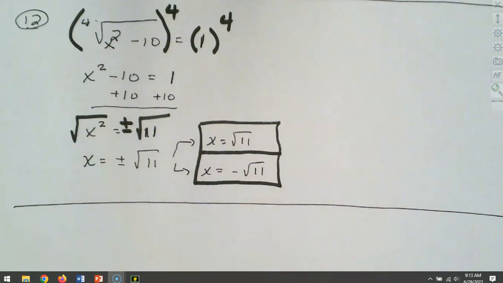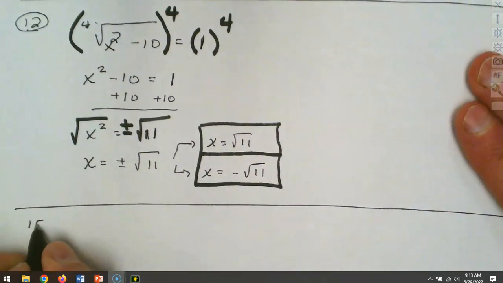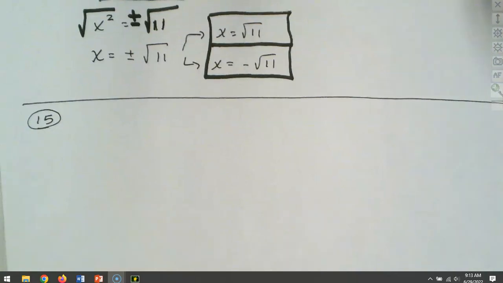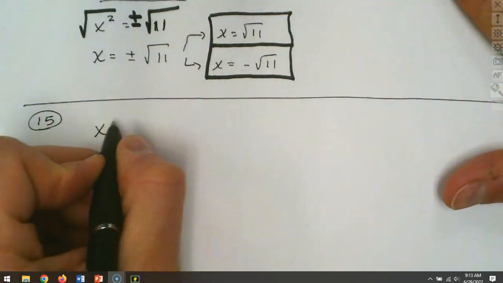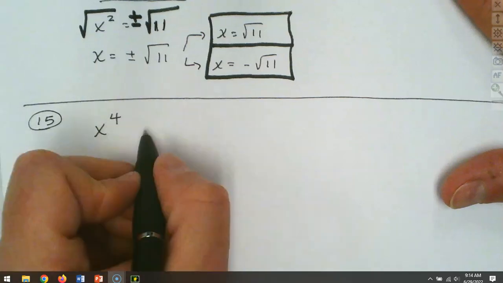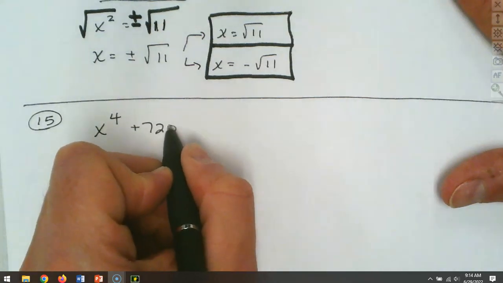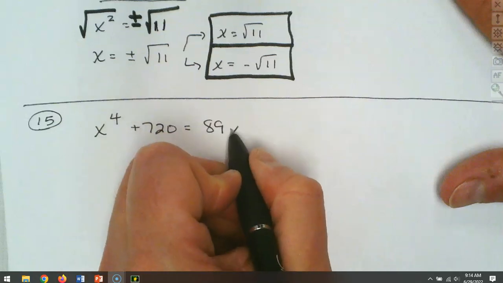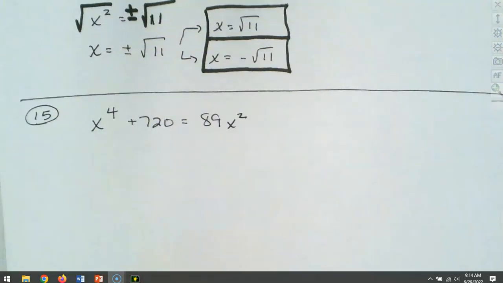And just to review one more, we'll look at 15. Okay, so we're going to go ahead and look at 15 here.